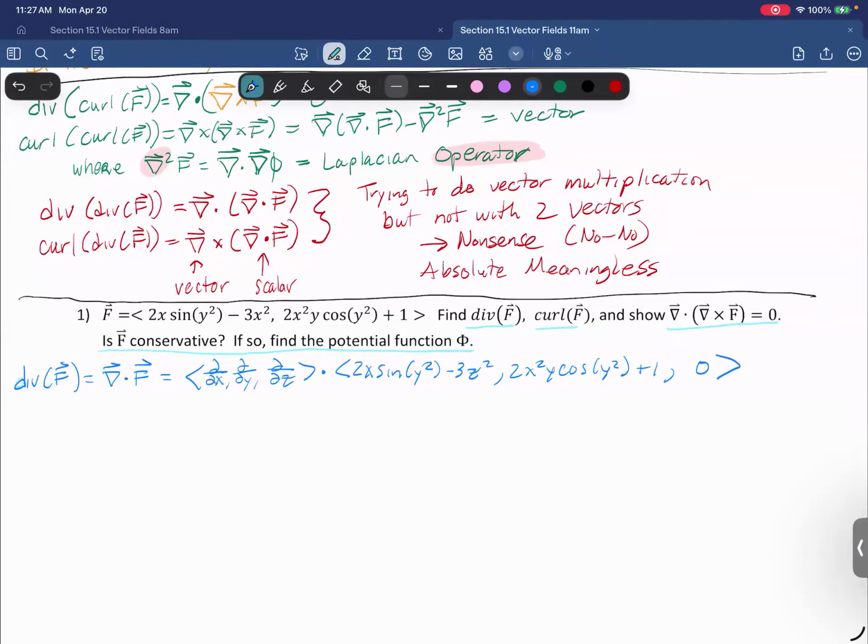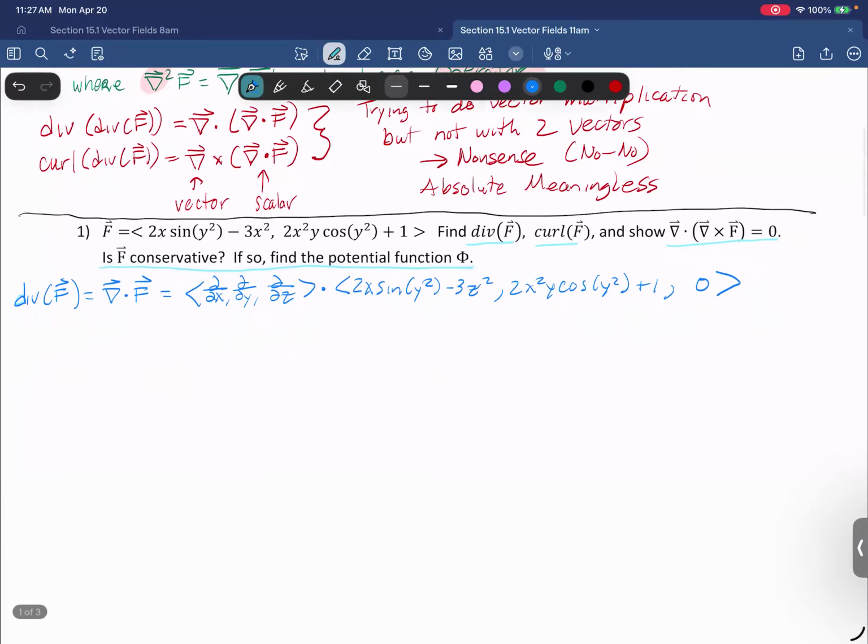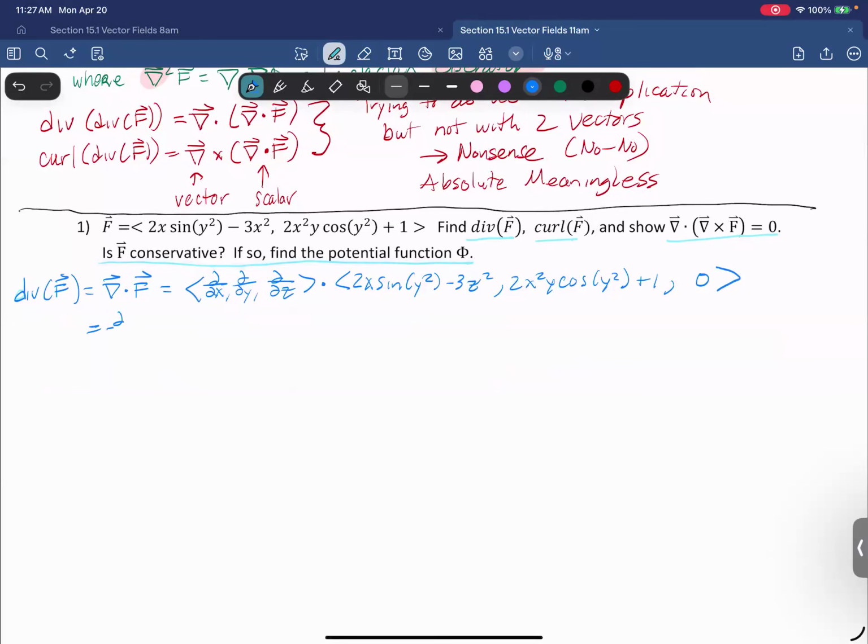There's no component in Z, but we're going to need it for the curl. So I'm just going to include it. I recommend you do that. And I honestly recommend, even though it'll take you just another 15 seconds, write down the distribution of that on the divergence before taking the derivative. Because this means you understood the last step and you just messed up the derivative if you get it wrong.